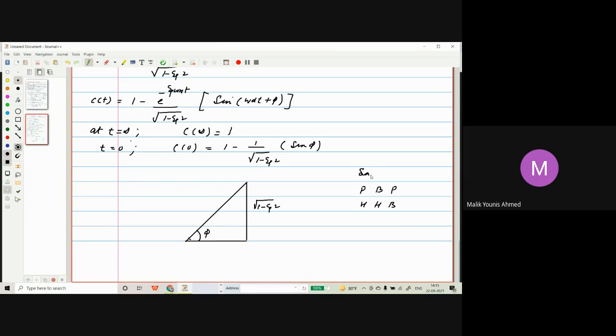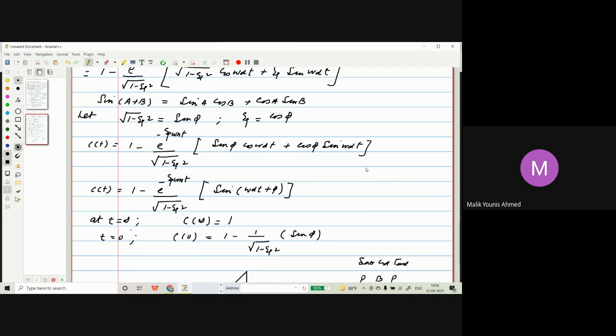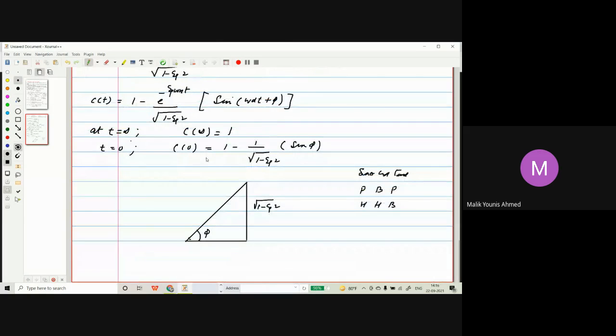This is sine cos tan. Some people have curly black hair to preserve beauty, or Pandit Badri Prasad Hare Hare Bol, like this, whatever you want to remember. So sine is perpendicular by hypotenuse, so the perpendicular is under root of 1 minus xi square and the hypotenuse is 1.